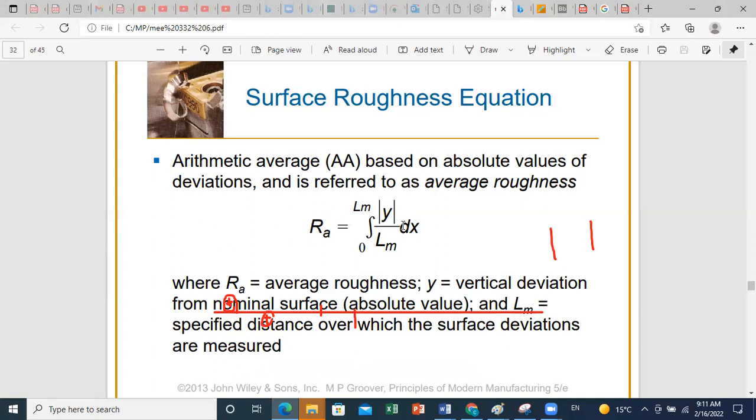And so all you have to do is, when you consider a certain length of your specimen, you measure at each position what the deviation is, and you can get a function for your deviation. And then you integrate this function over the total length, dx, to get the average value of your roughness.